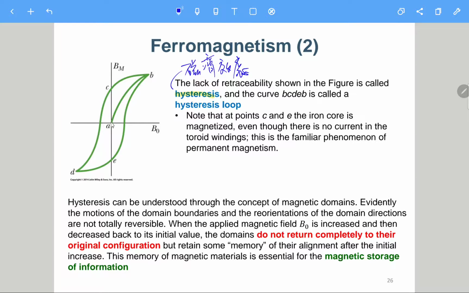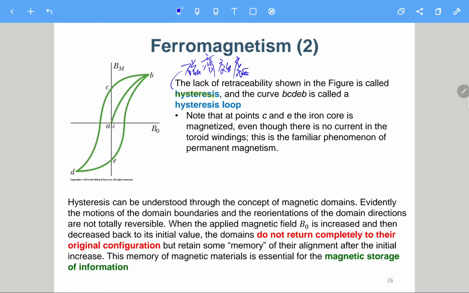Originally, when we don't apply a magnetic field to the ferromagnetic material, it will not generate any magnetic field. But if we increase the external magnetic field, and even after that, the ferromagnetic material will still have the magnetic field.